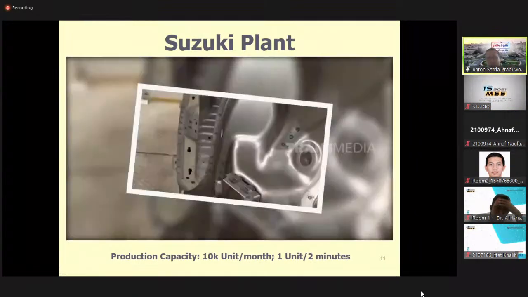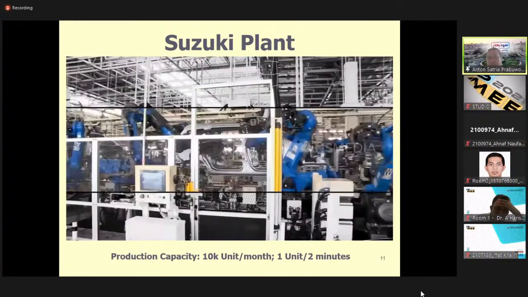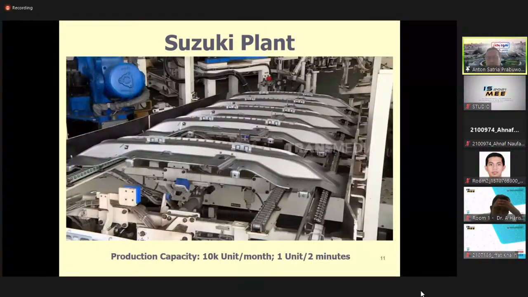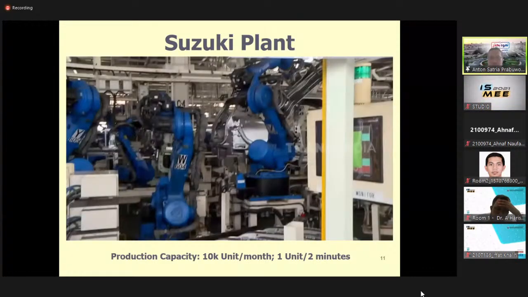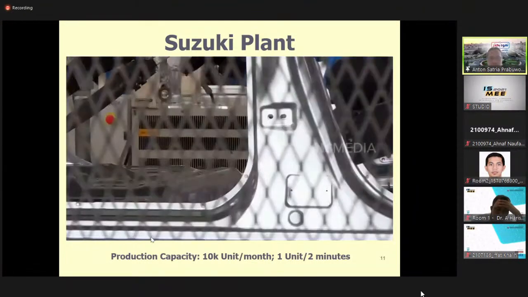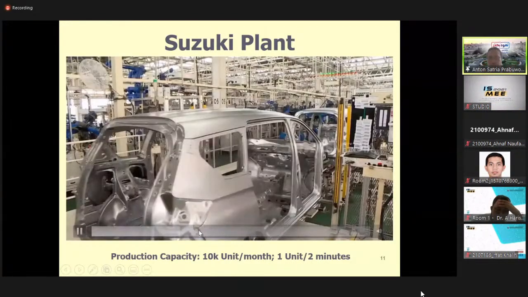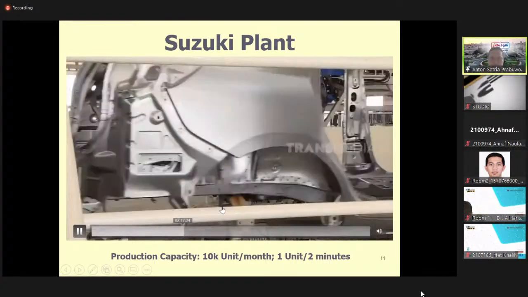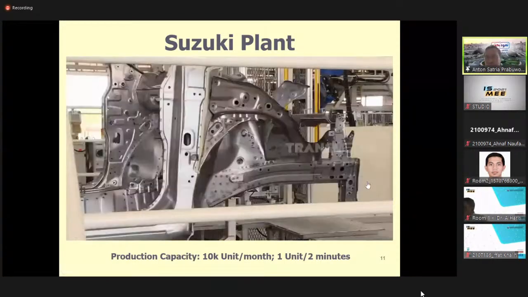And also in some other parts, the human is still involved in the polishing process. Yes, this part also, as you can see here, the operator performs the polishing process.